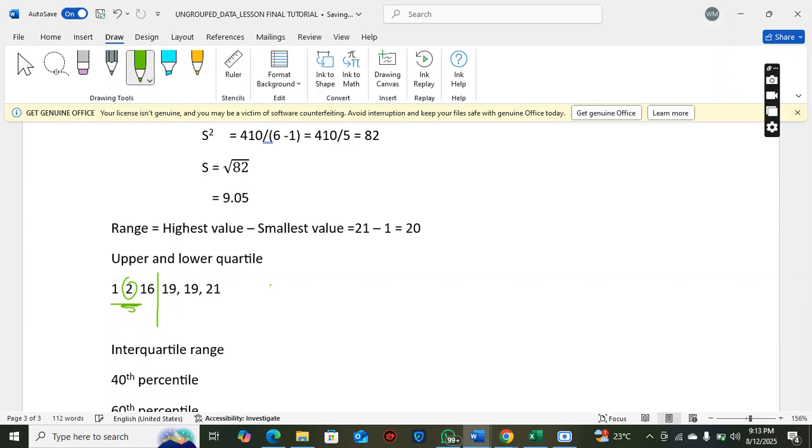So this is our lower quartile, which is represented as Q1, which is just telling us 25% of the values are below 2 and 75% of the values are above 2.